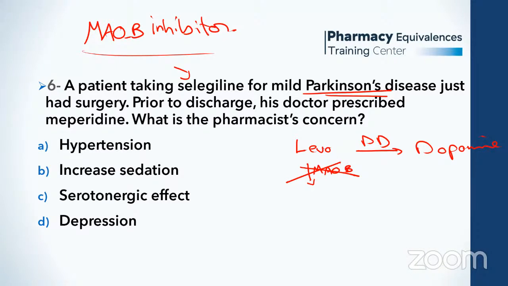The question here: a patient taking selegiline for mild Parkinson's disease just had a surgery. Prior to discharge, his doctor prescribed meperidine. What is the meperidine? Meperidine here is an opioid. We have a very important precaution, an interaction between opioids and MAO inhibitors and SSRIs, because all of them will increase serotonin level.